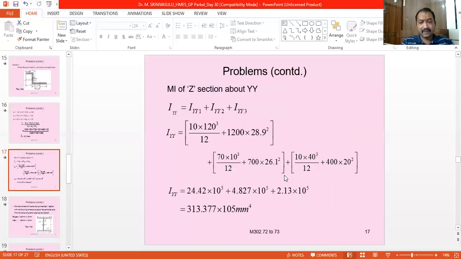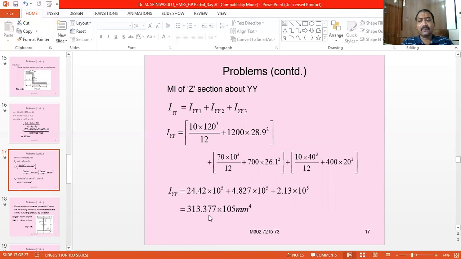By substituting all the values, we get Iyy is equal to 313.377 into 10 power 5 mm4.